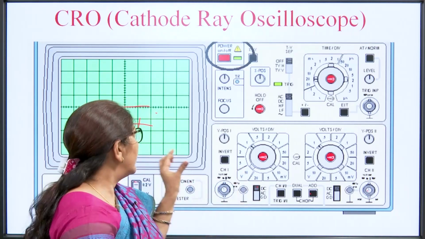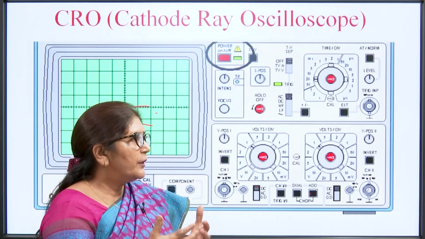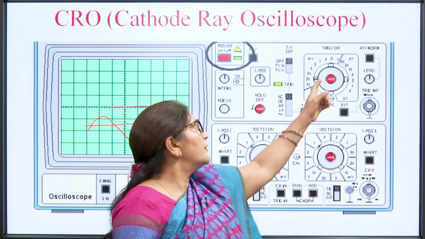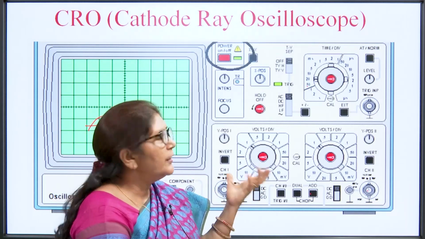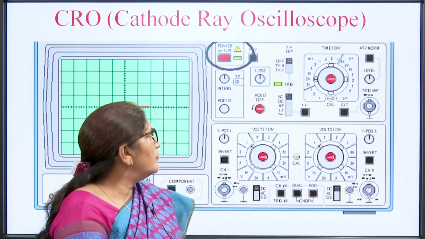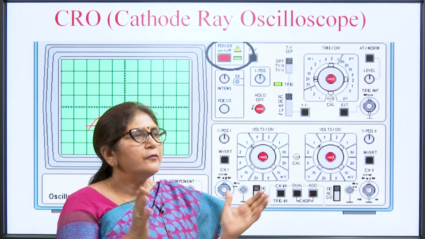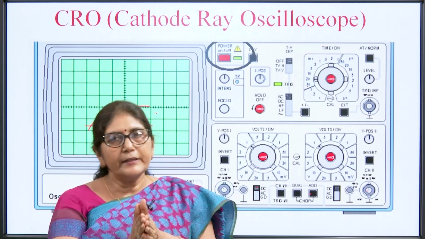Suppose a signal has very high frequency, then the time period is less. So, we have to increase the time period. So, we will put our knob at 50 millisecond per division. By varying this we can compress or enhance our signal to see the signal characteristics.